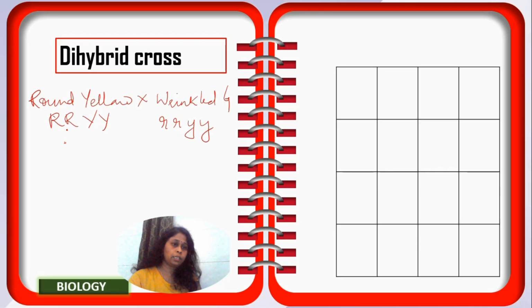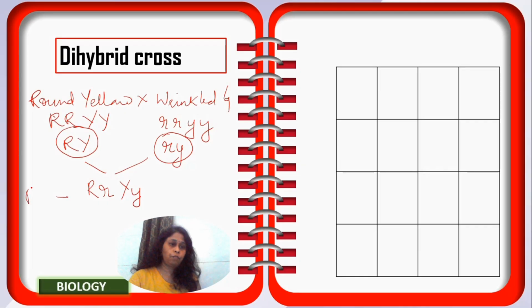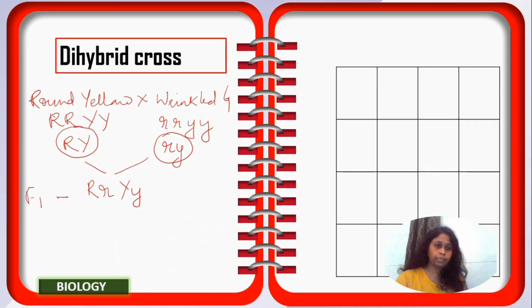Here capital R, capital Y will be the gamete, and over here small r, small y is the gamete. Then we need to fuse these, right? When we fuse these two, what we will get? Capital R, small r, capital Y, small y. This is the F1 generation that we are getting.